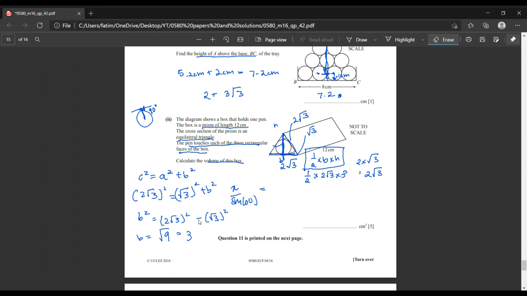And that can be written as 3 root 3, or 5.2, and that into the length of our prism will give us a total volume, which is 36 root 3, or 62.4 centimeter cube. So that is the final answer.